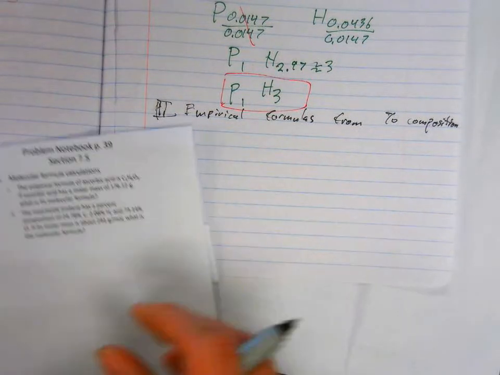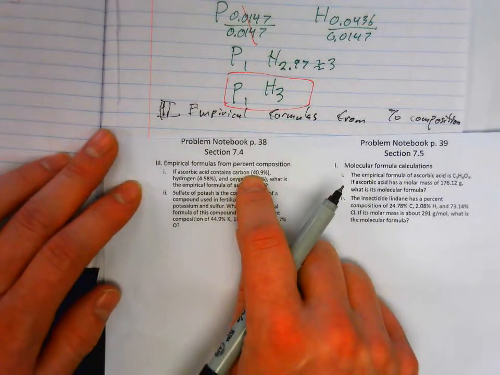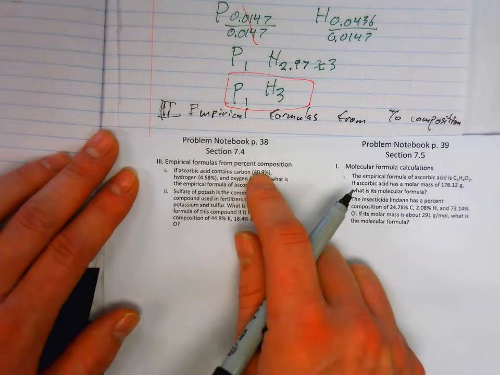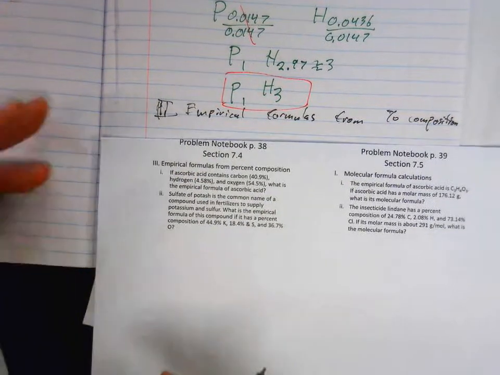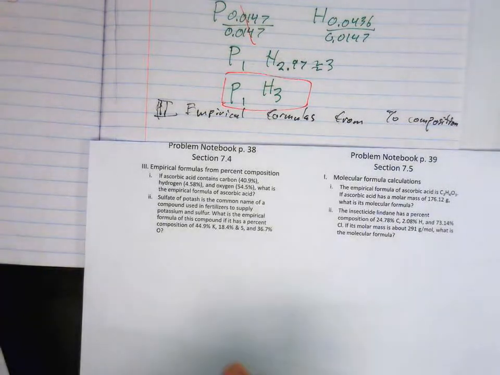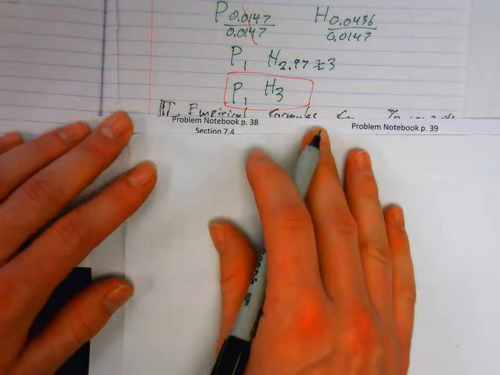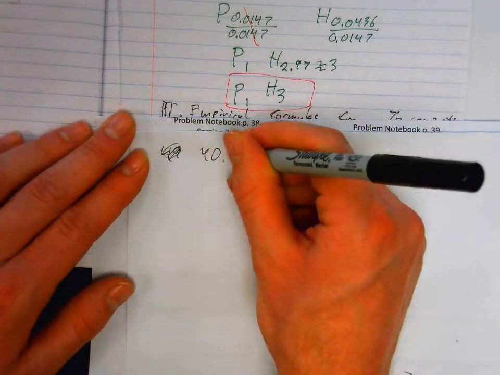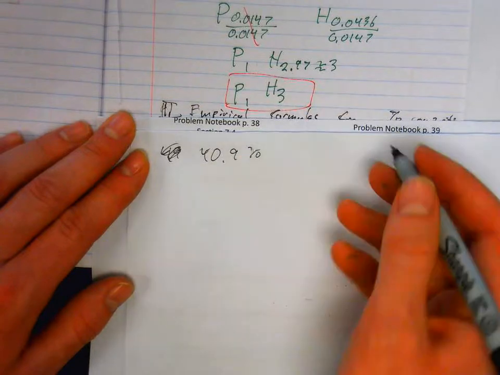Now, the percentage here can be interpreted as the portion in mass in 100 grams of the compound. So 40.9% is the number of parts in 100 parts.